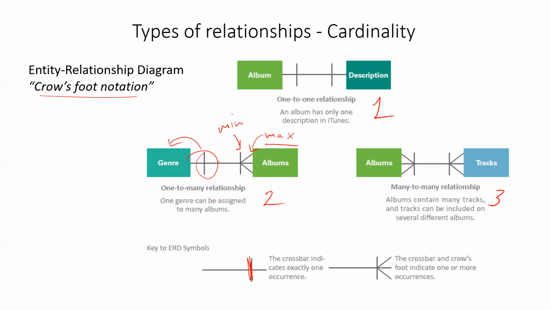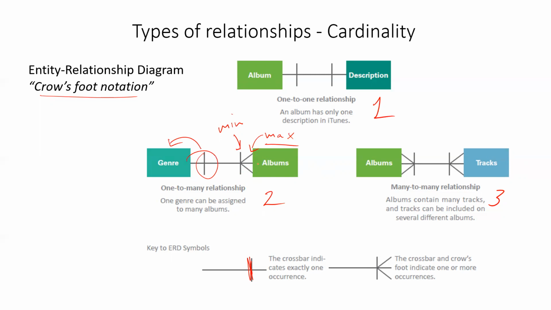Now, this is not a totally natural relationship because an album could conceivably have many genres. It can be jazz and it can be rock and it can be pop and it can be bluegrass and jazz. So this is maybe not a natural relationship, but maybe in your program, you want to enforce it to be this way.